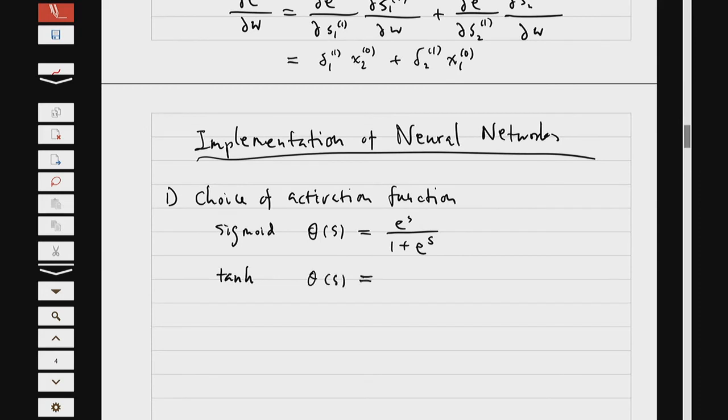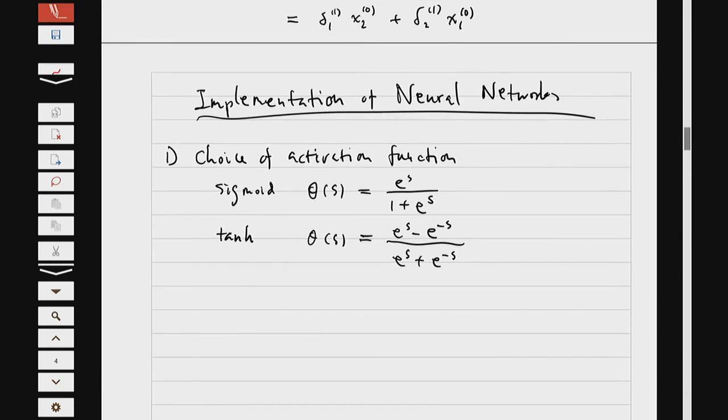Then you might want to use a hyperbolic tangent, e^s minus e^-s over e^s plus e^-s like this, right? And the good thing about this hyperbolic tangent is that the derivative theta prime is easy to calculate, and you see in our backpropagation just now, we use the derivative of theta quite a lot, in fact, all the time. So you certainly want to pick an activation function for which the derivative is easy to find.